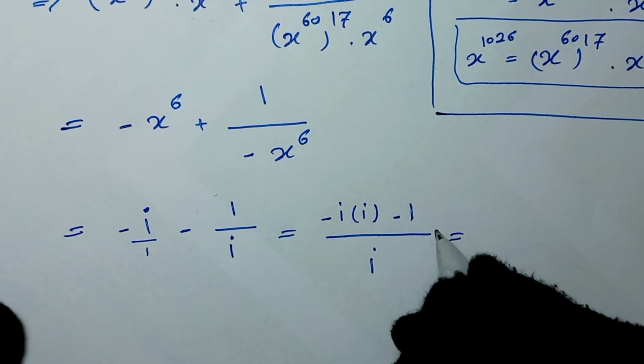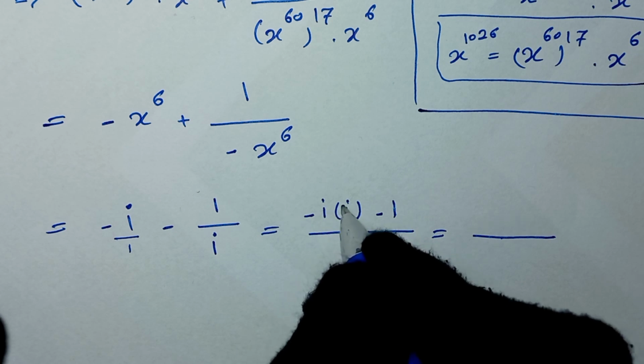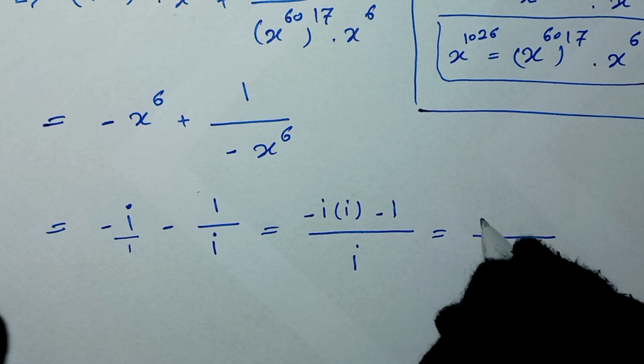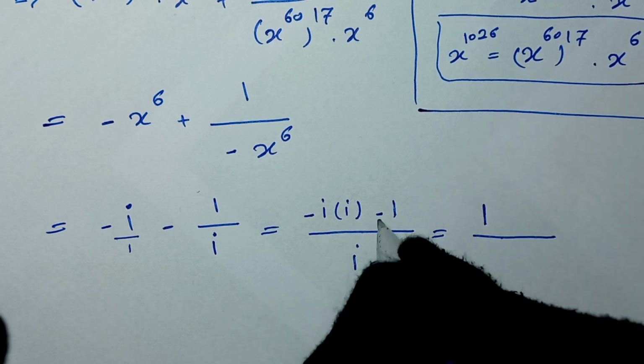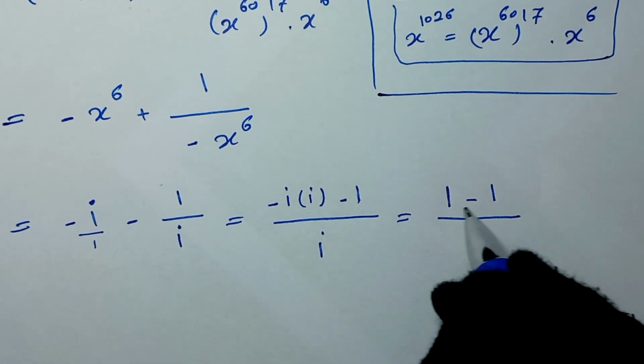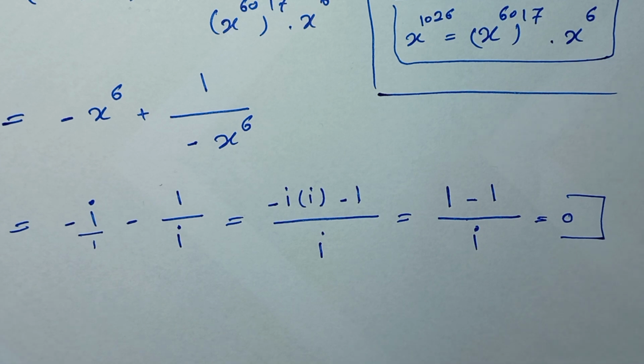And it will be i times i, it will be negative 1, and negative 1 times this negative 1, it will be positive 1, right? 1 and minus 1 over i. And 1 minus 1 is 0, so 0 over i, it will be 0. And this is our final answer.